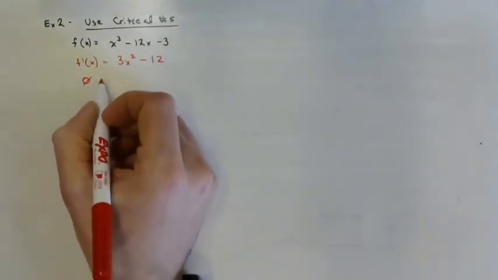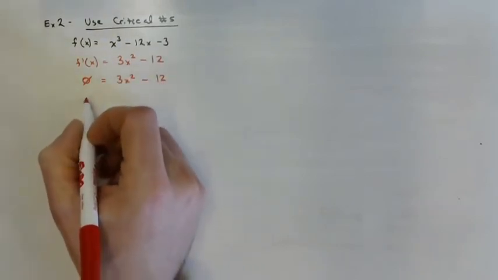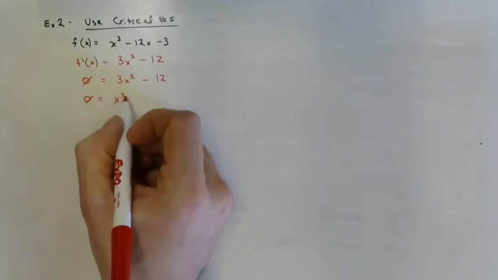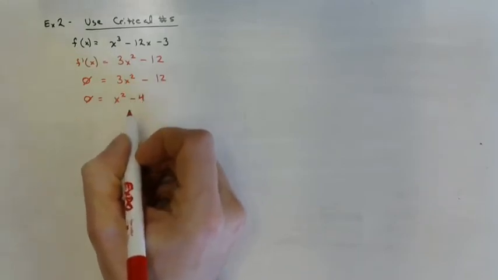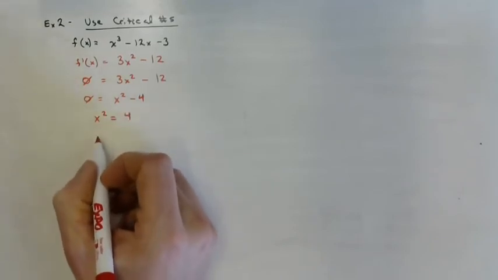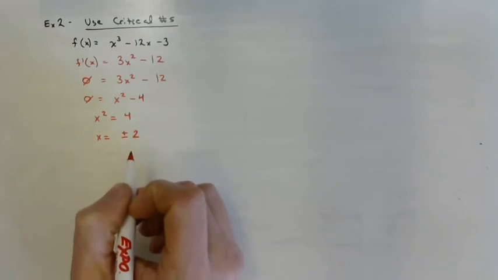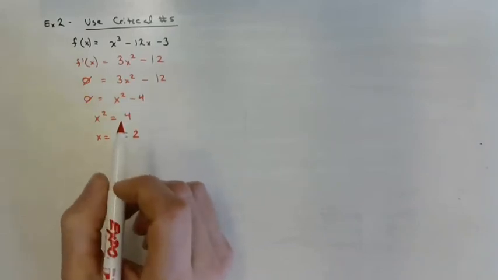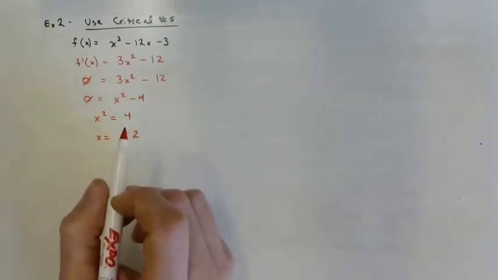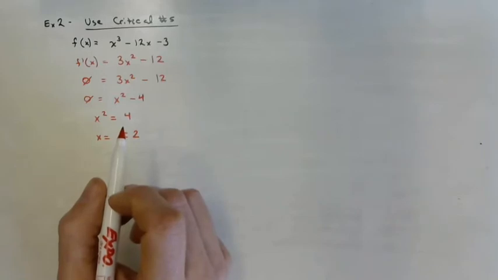Then we set that equal to 0 and solve. 0 equals x squared minus 4. x squared equals 4. x equals plus or minus 2. Okay, so the local extrema, it's just another word for your local min or max, the extreme values, occur at x equals negative 2 and x equals 2.